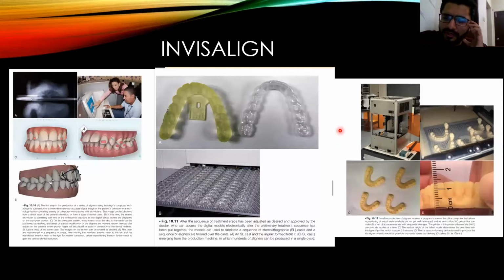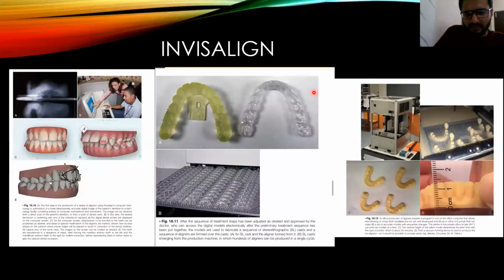After that, this is the process. Stereolithographic models will be manufactured according to each stage, right? From your initial malocclusion till your final perfect alignment, they will be staged one by one. All those models will be created stereolithographically, 3D printing, whatever. On that, these Invisalign trays will be manufactured and given to the patient. This question has come, stereolithographic models in Invisalign.